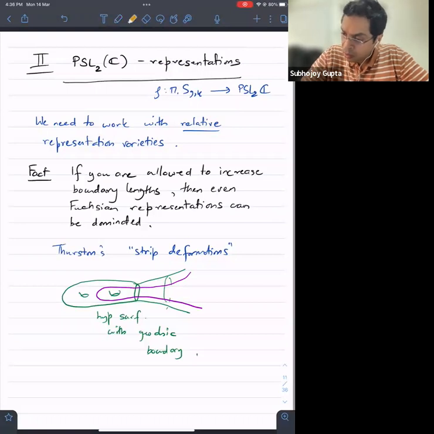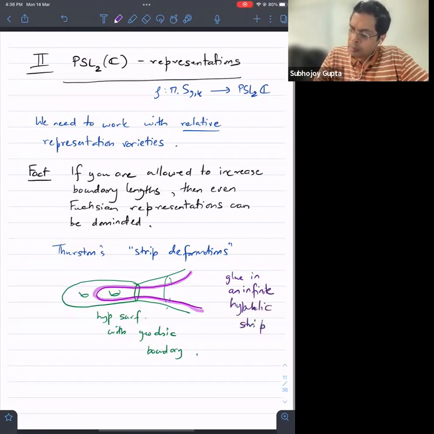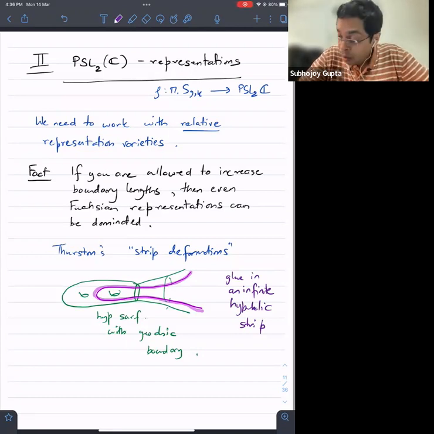So you glue in a hyperbolic strip here. Let me just say, glue in an infinite hyperbolic strip. And what happens in the process is that lengths of curves on that original hyperbolic surface will all increase, because you have to glue in a set of filling strips.